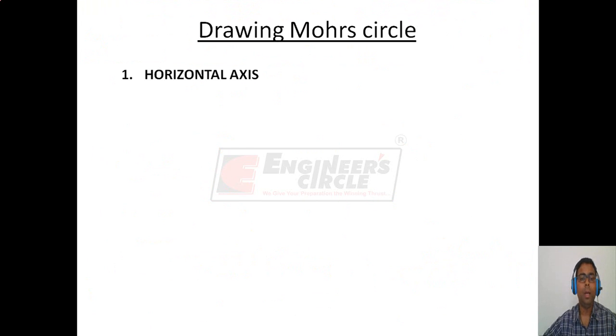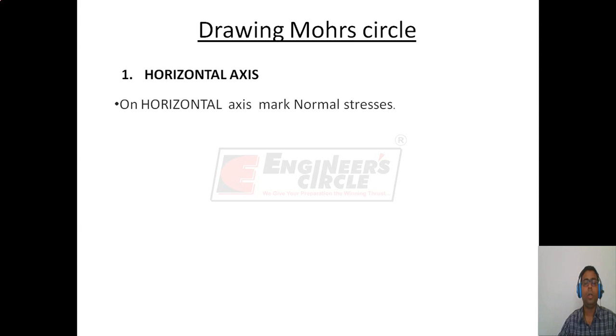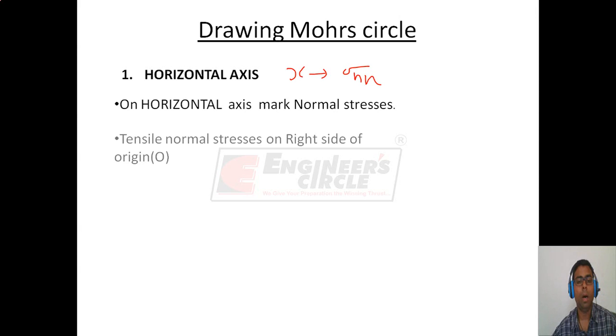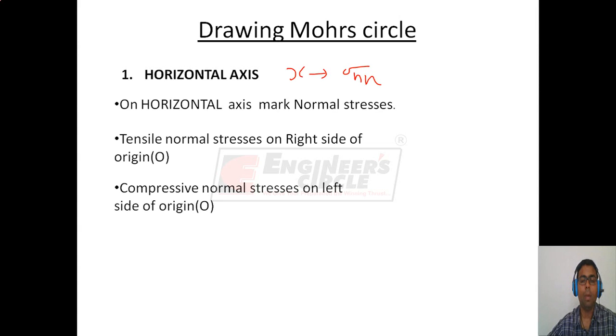For drawing Mohr's coordinate, mark normal stresses on the horizontal axis, because instead of x we have sigma nn, that is normal stresses. Tensile normal stresses are marked on the right side of the origin and compressive normal stresses are marked on the left side of the origin. The following animation makes this clear.